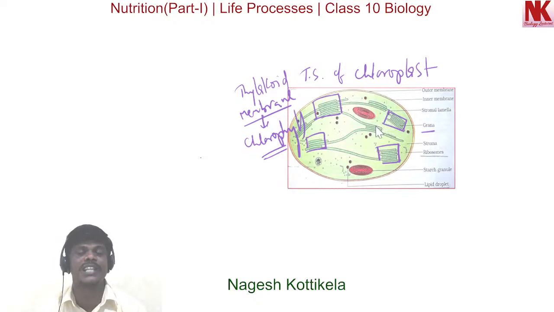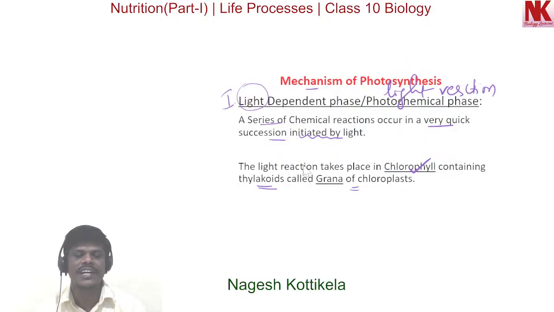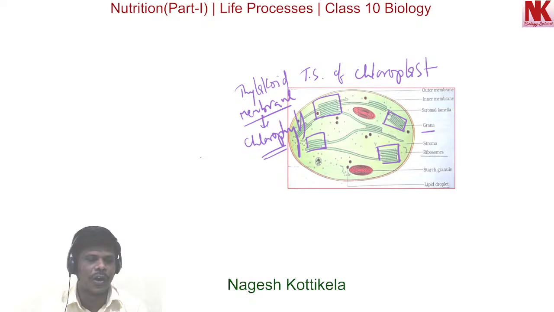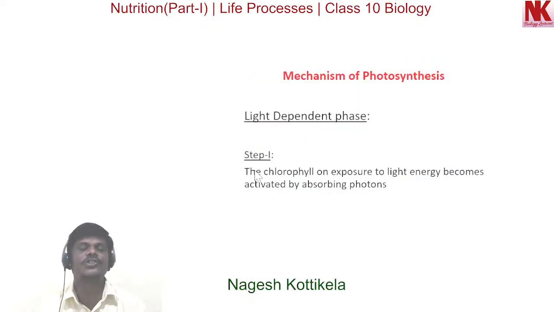It absorbs light energy and initiates the process of photosynthesis. As I mentioned, the light reaction takes place in chlorophyll containing thylakoids called grana of chloroplast. So this is a chloroplast and these are the grana, and these are the sites of light dependent phase, or simply light reaction.